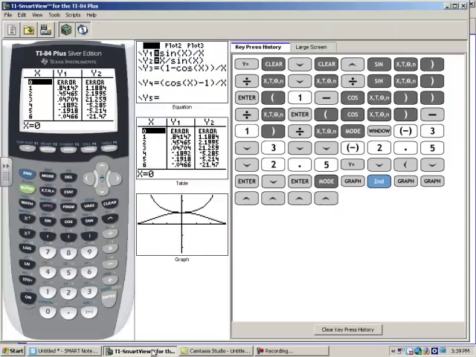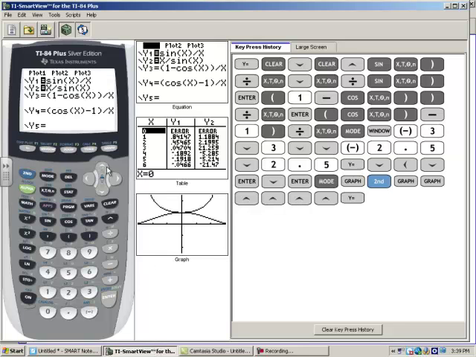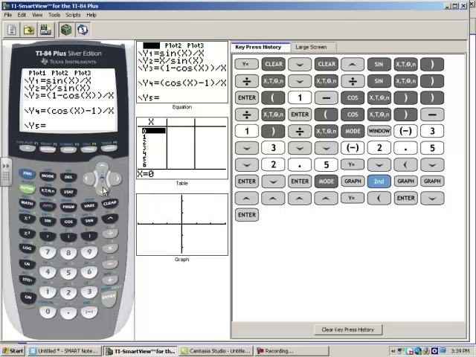Now let's go take a look at the cosine examples, however. So let me turn off these two graphs. And so we're going to have 1 minus cosine x over x, or if it's cosine x minus 1 over x. We're going to take a look at those two graphs and see what they're approaching.